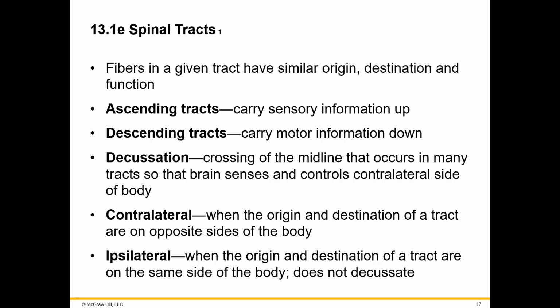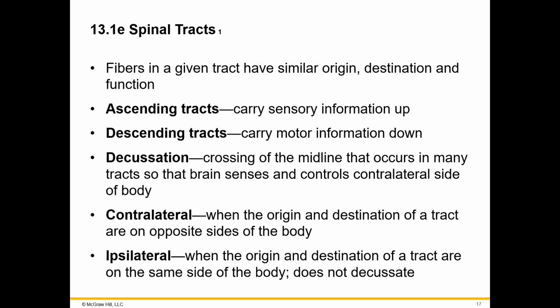So it's not always that the right side controls the right side and the left side controls the left side. Sometimes the right side is going to cross and control some parts of the left side, and sometimes the left side is going to cross and control some parts of the right side. The ability to cross to the other side is known as decussation.